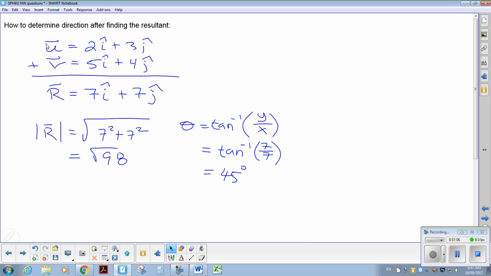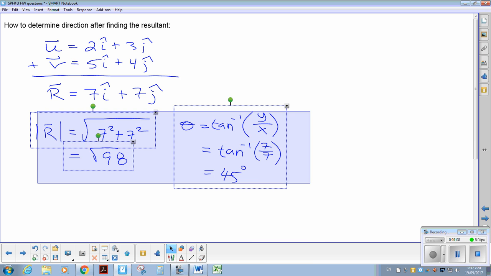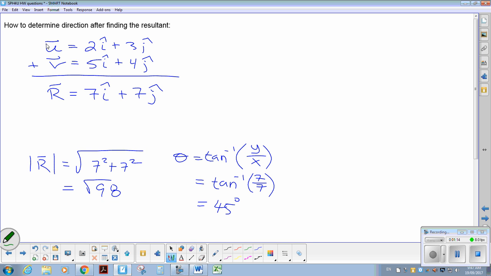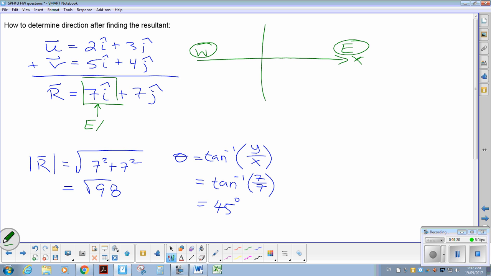When we use the algebraic method here, the algebraic method always will produce an x component first, and because the x component, all right, is on the same axes as our east and west, that means that this sign, or this value, tells us whether we have an east or west component.